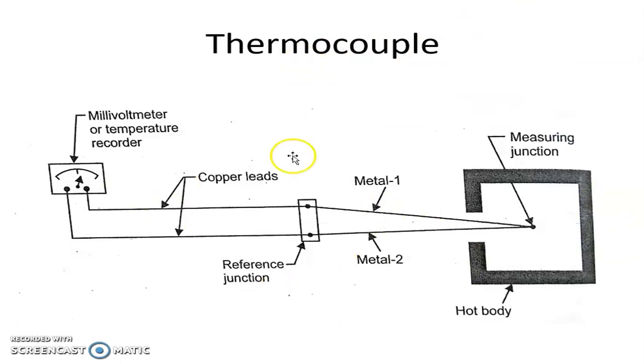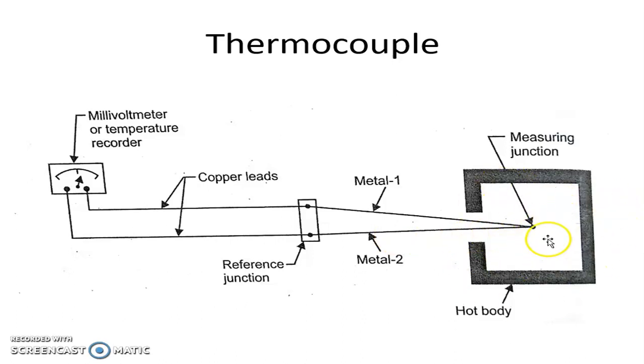So this is the diagram of a standard thermocouple. Here two dissimilar metals are used. You can see the wires of two dissimilar metals. This wire is of metal 1, this wire is of metal 2. And the two dissimilar metals are connected together at the measuring junction.